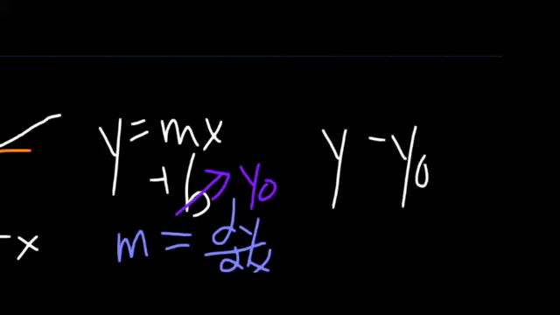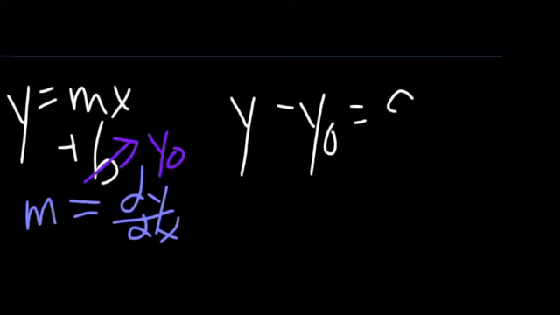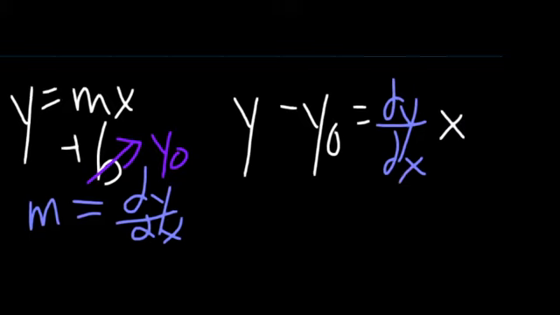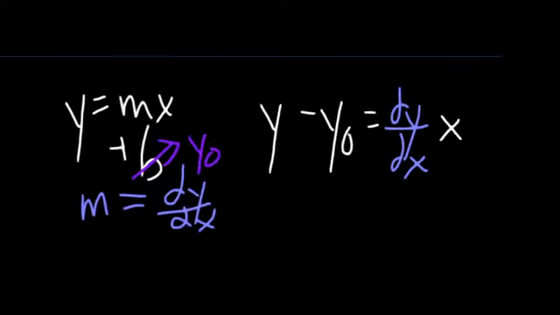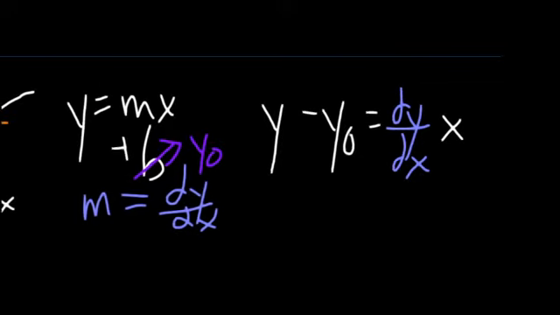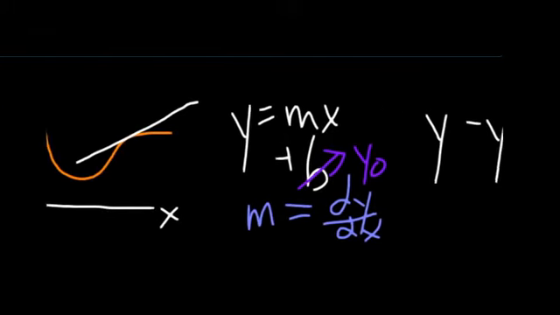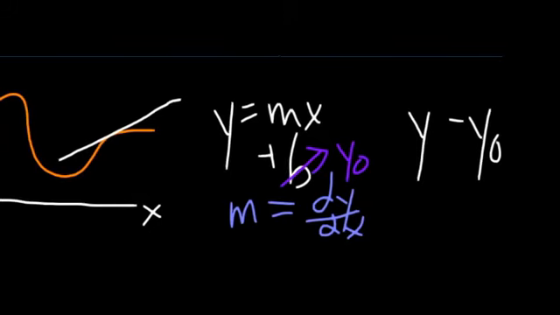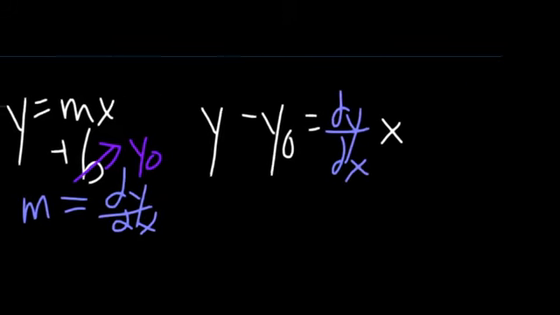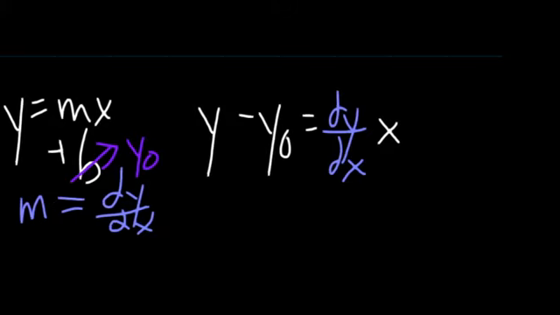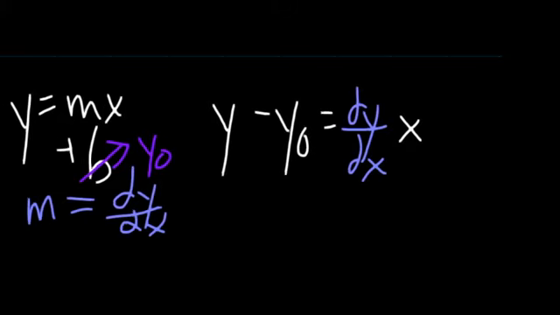equals dy/dx times x. Let's switch colors. So is this how it's supposed to be represented? Well, almost. There's still one thing missing, but I think it should be intuitive enough to understand. At what point is it evaluated? It's going to be evaluated similar to how the y value has an initial value.